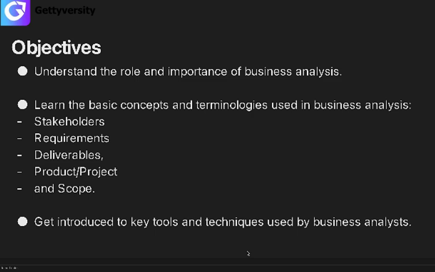So, if we are going to look into the stakeholders' roles in business analysis, what are their roles? They are very crucial for understanding the requirements and ensuring that the project aligns with what they need.